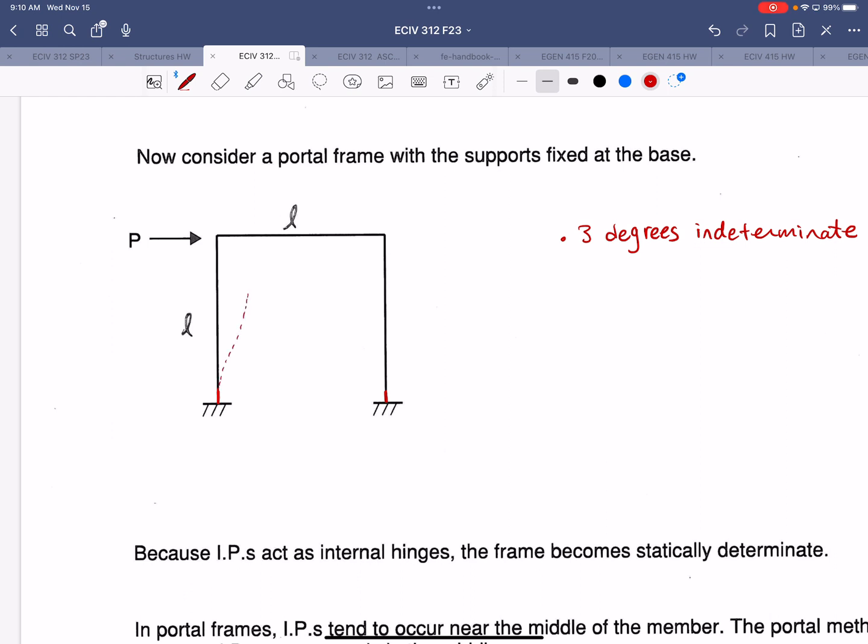So this one's harder to draw, but it's going to look something like this, where you have an S shape in the columns as well as in the beams. All right, so the columns will bend and lean.